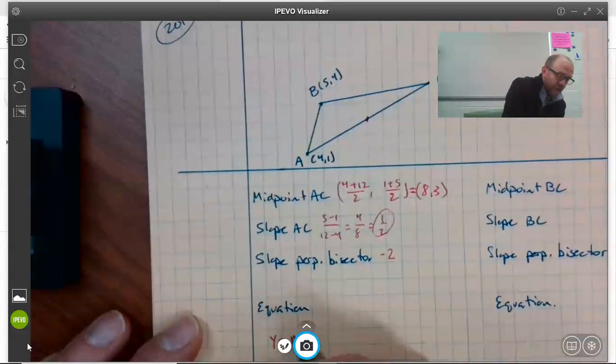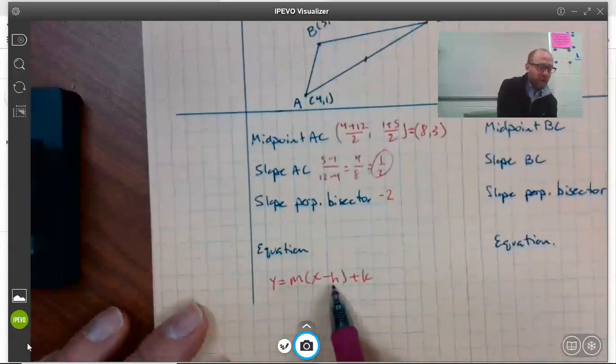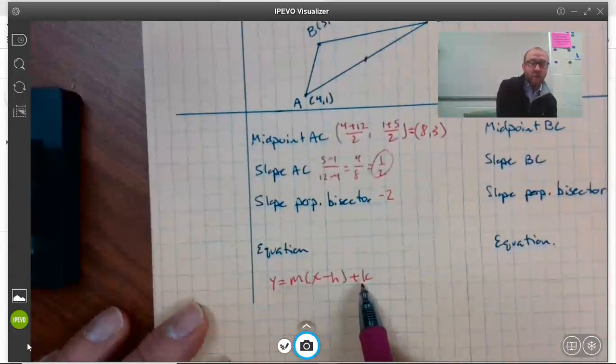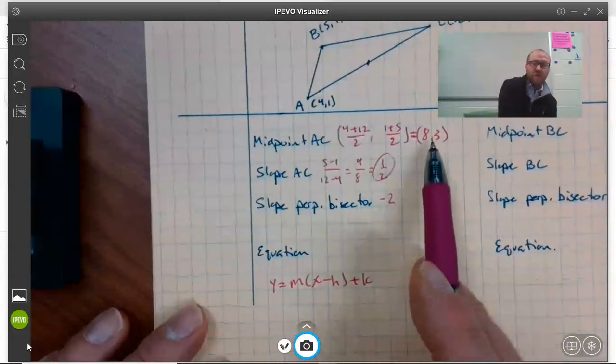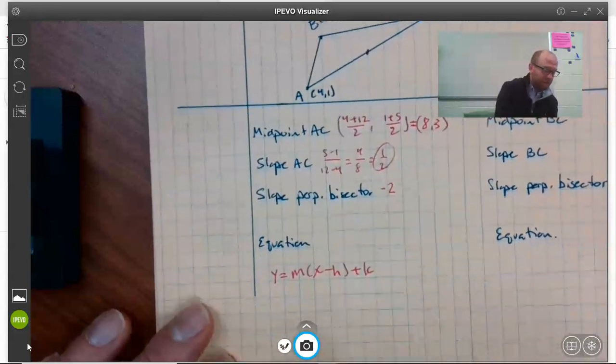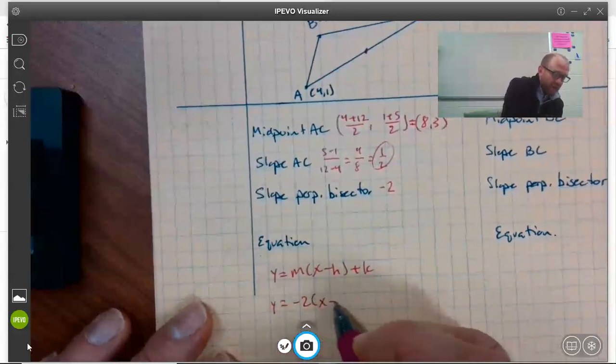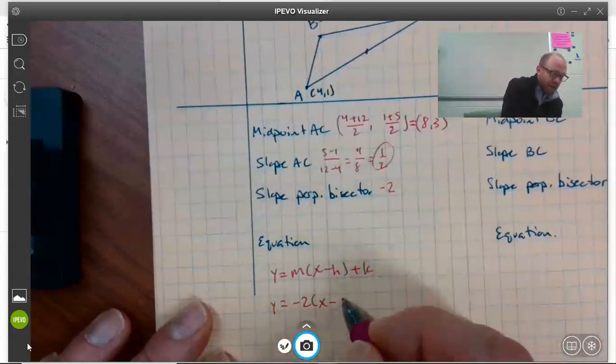It's y equals m times x minus h plus k, where m is the slope of the line, and (h, k) is just some point that's on the line. In this particular case, it's going to be the midpoint of that segment. So we have y equals negative 2 times x minus 8.